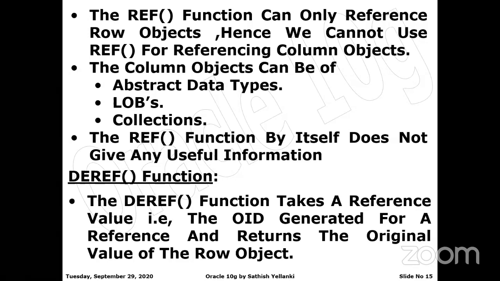The ref function by itself, whenever you execute it, does not return any useful information. Because of this, the majority of the time, people have a wrong notion that the object IDs returned by Oracle are not meaningful by themselves, and therefore we cannot have any meaningful implementation in real time. These are some wrong notions existing among the majority of development communities. See, no object is intelligent by itself.